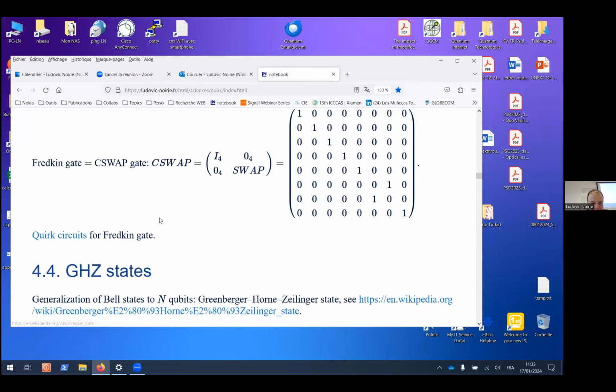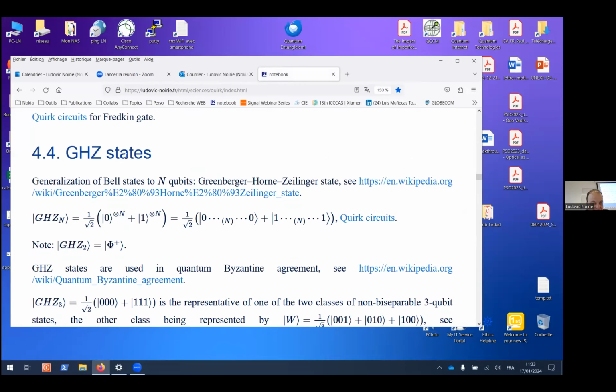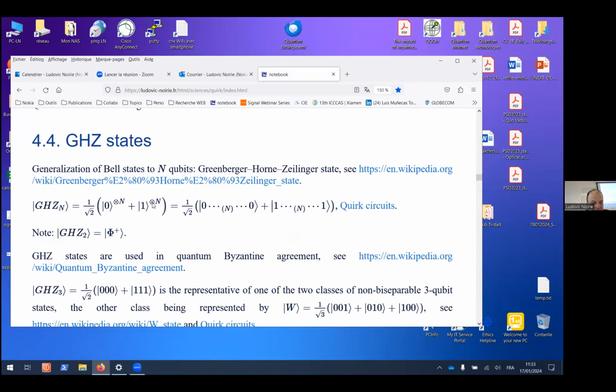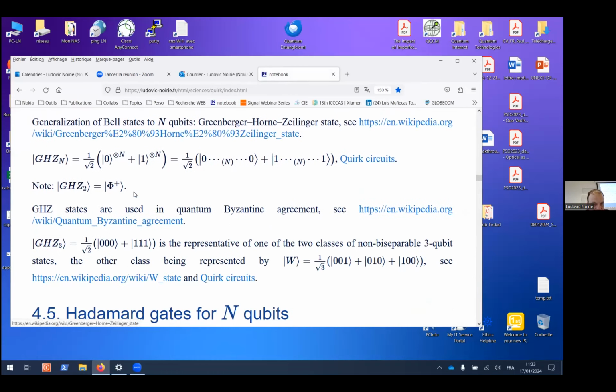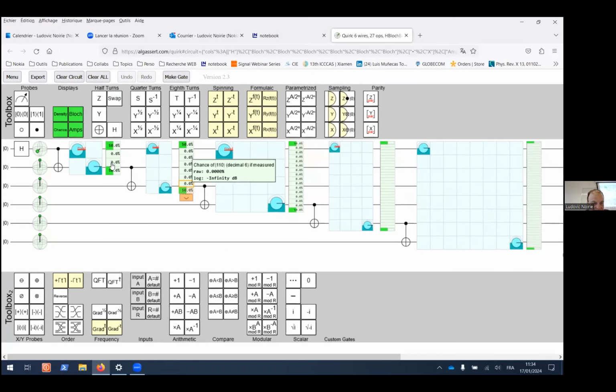Fredkin gates is something that's a control swap. We will not talk too much about it. The GHZ states are a generalization of the Bell-pair state phi+, and I just can show you quickly how it is done. On 2 qubits, you have the H, and the control-not, and on 2 qubits you have the phi+ state, which is the GHZ of order 2.